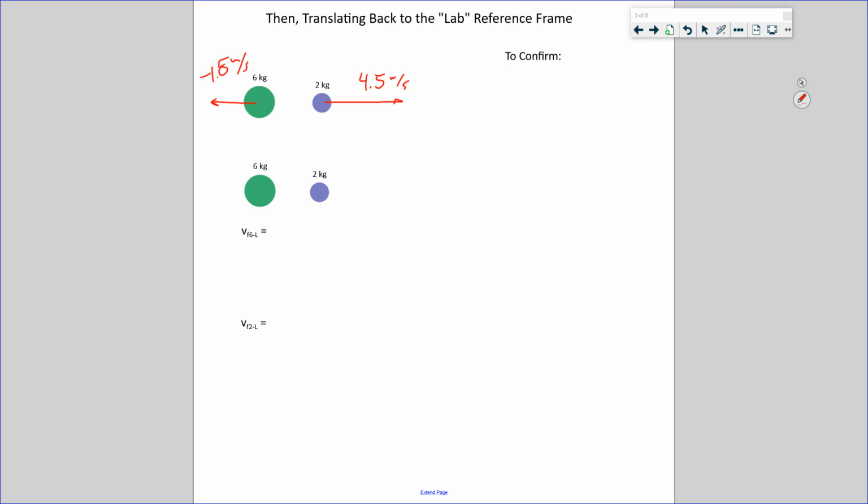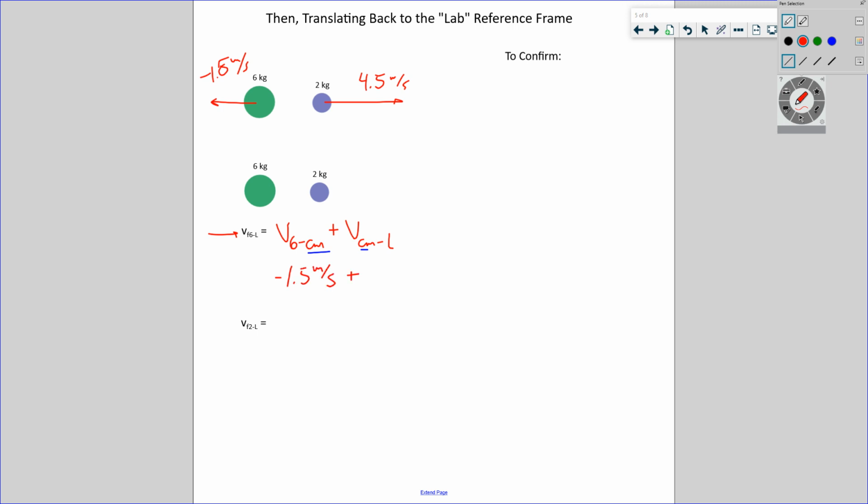What we can do is go back to the final velocity of the 6 kilogram mass in the lab frame of reference. So what I would do there is V6 relative to the CM, center of mass, plus V center of mass relative to the lab. Here's our common frame of reference with which we can compare to other frames of reference. This gives us V6 relative to the center of mass is negative 1.5 meters per second.